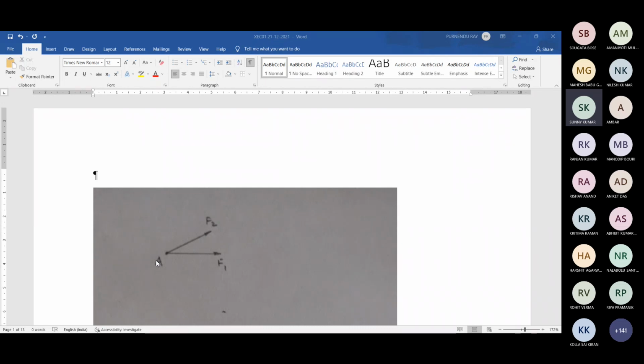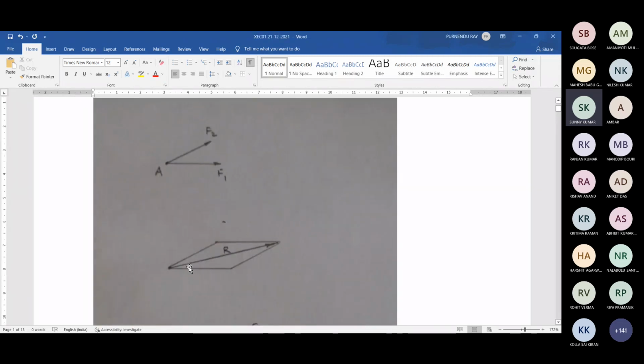Before all these things, from common sense we could find that you need to apply some force along the direction in between F1 and F2, whose magnitude is neither F1 nor F2, something in between. Gradually we developed geometry to tell us that the force required in the opposite direction is of this much magnitude compared to the scales of F1 and F2, and this is the direction.